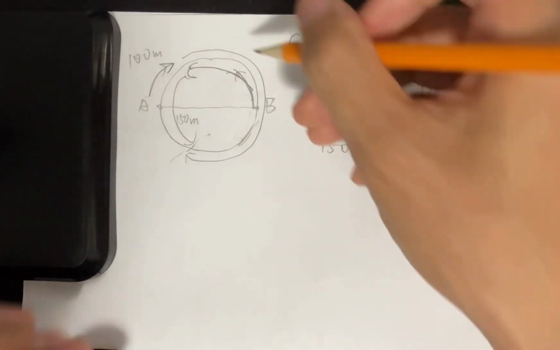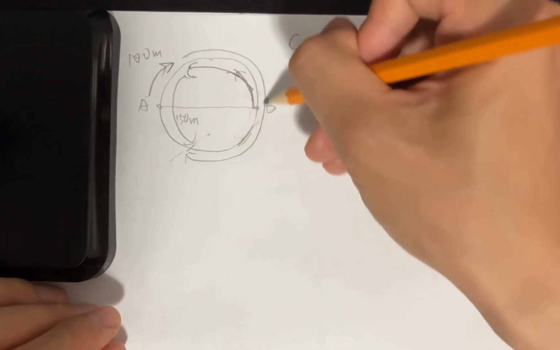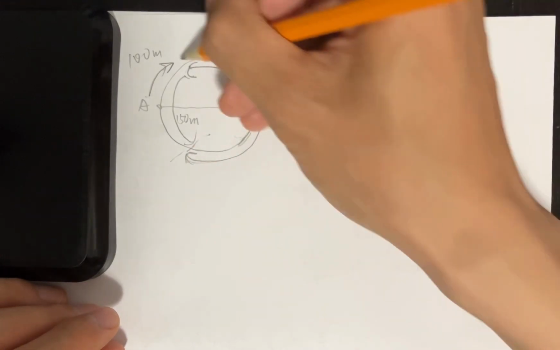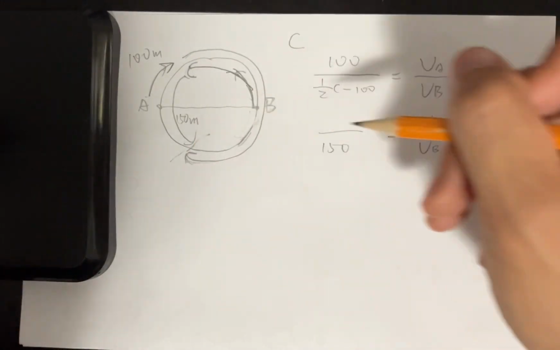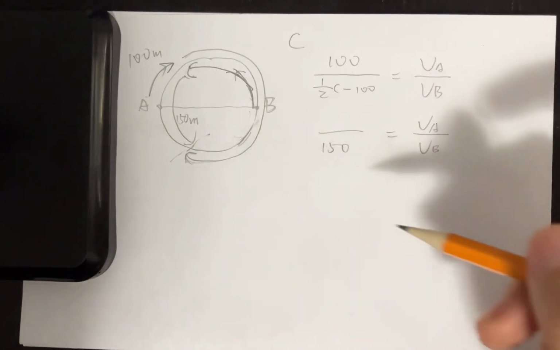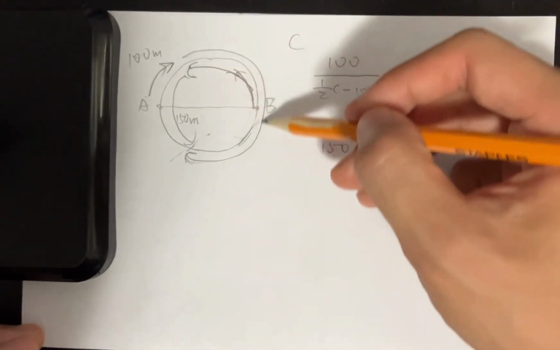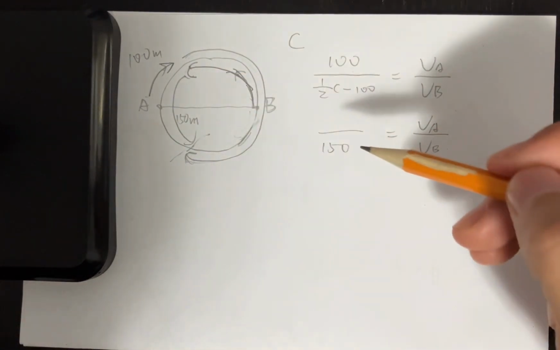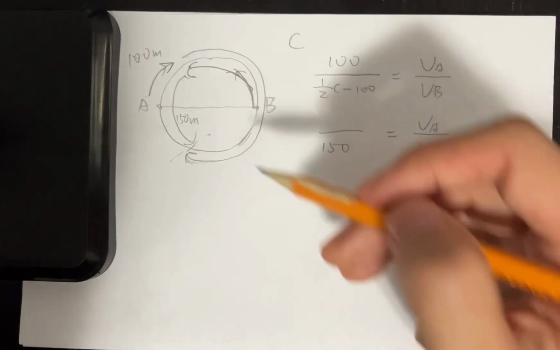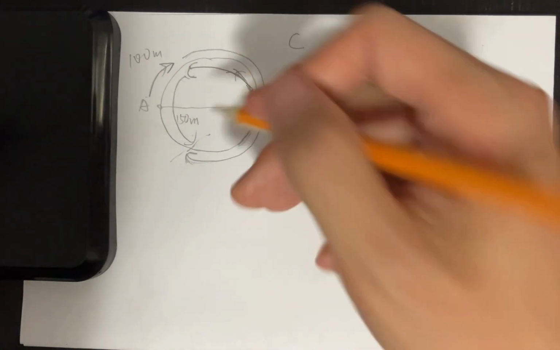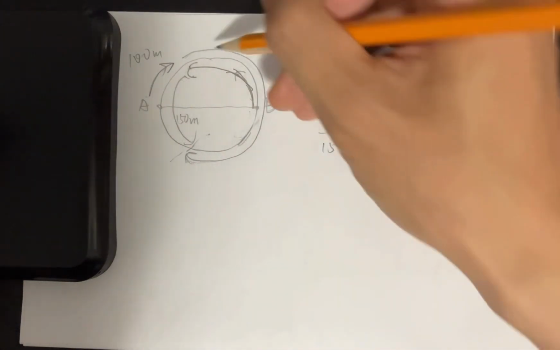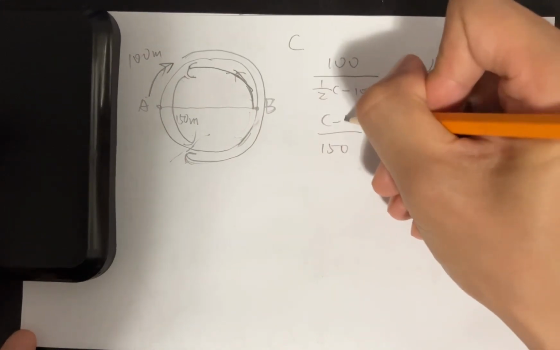How about A? This might be a little bit tricky, but if you study the graph carefully, this is one full lap minus 150, complementary to 150 here, so it should be C minus 150.